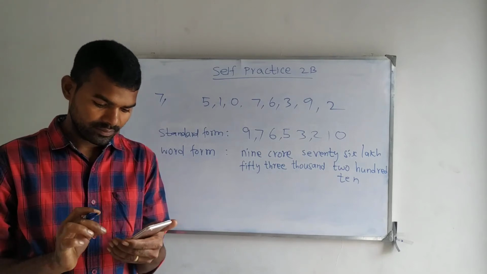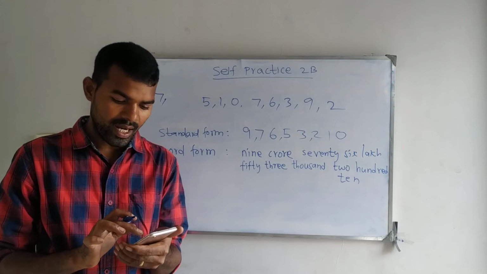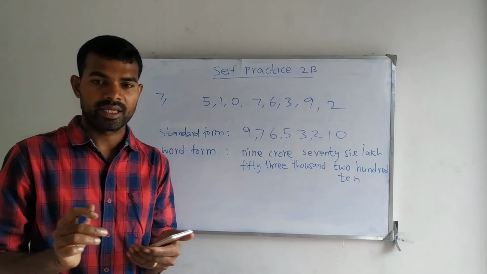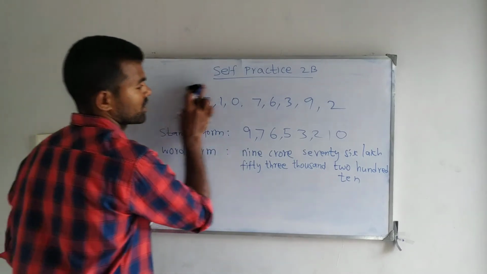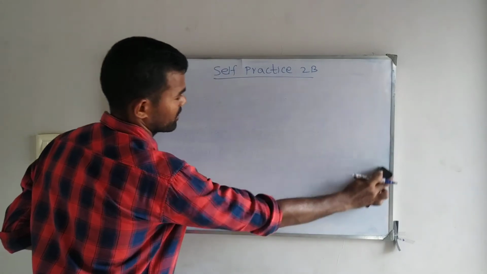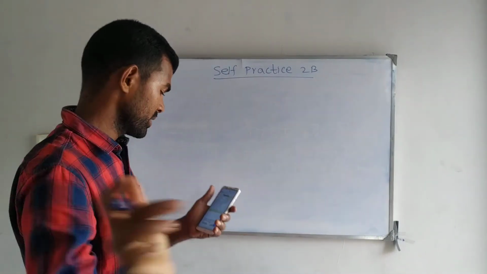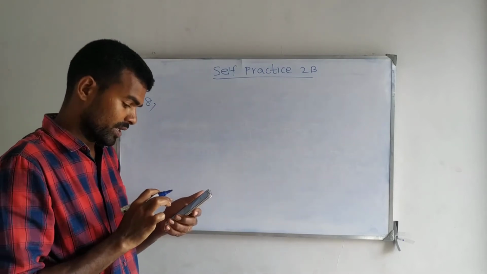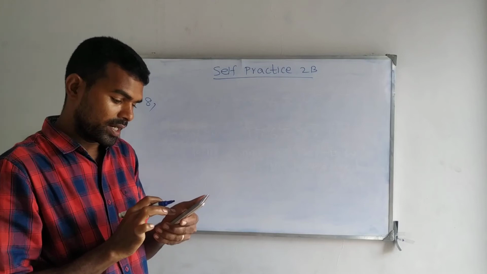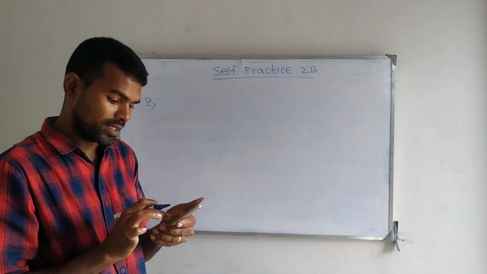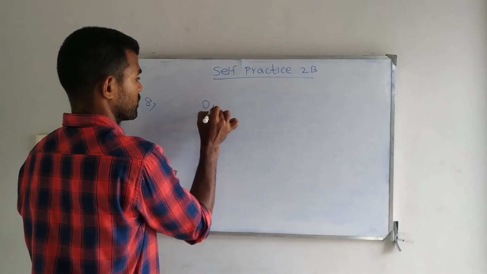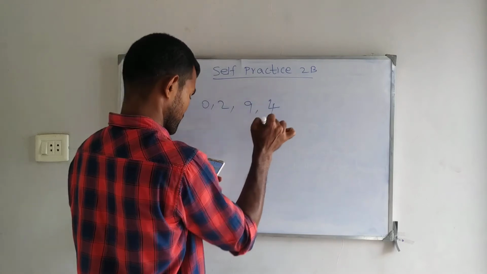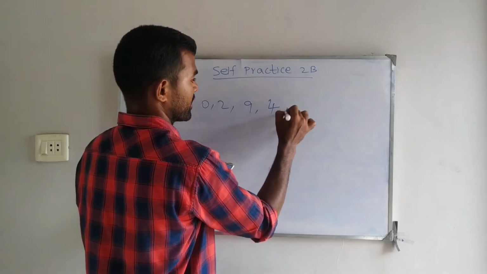Question number 8. Write the smallest and the greatest numbers of 6 digits using 0, 2, 9, 4 and 8.